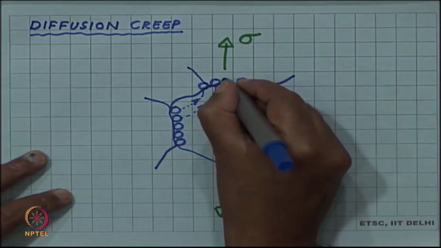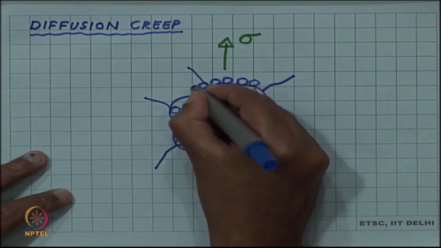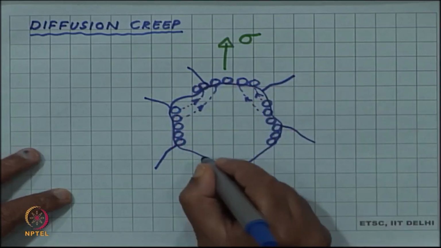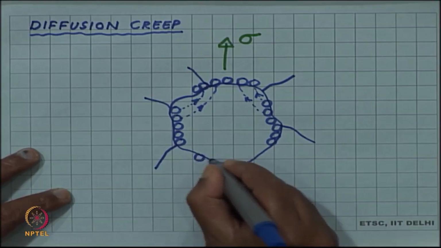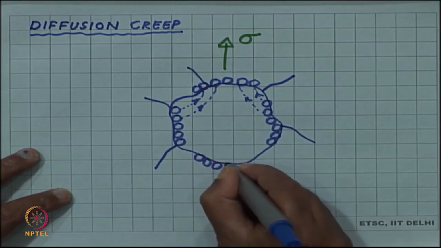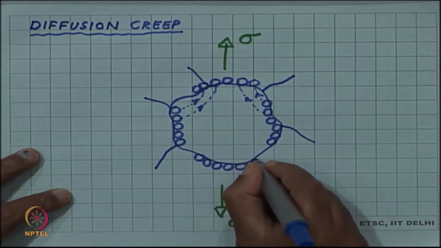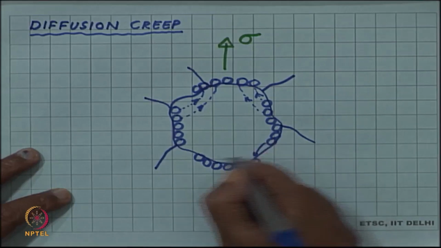So, if these atoms migrate and join, then you can see, and similarly on this boundary we can have atoms which have migrated from this side.